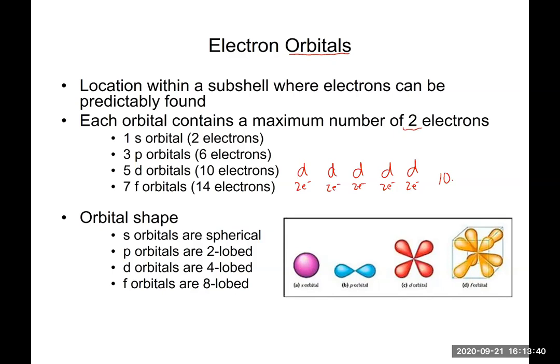And again, that's the maximum. If we look at f, there are 7. Two electrons for each of those orbitals. That gives us a total of 2 times 7, or 14 electrons maximum in f orbitals.